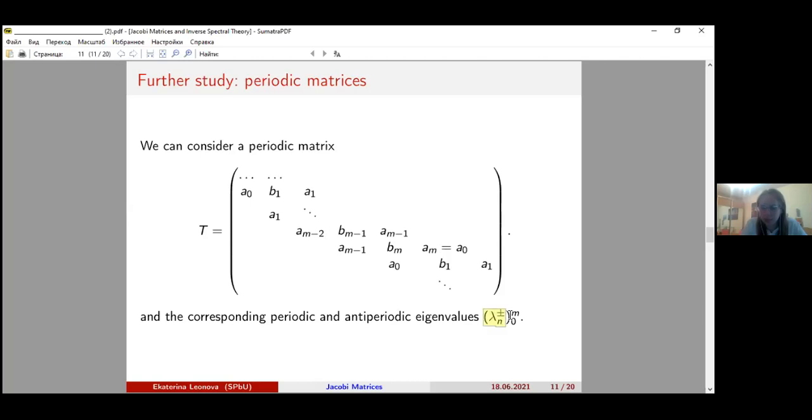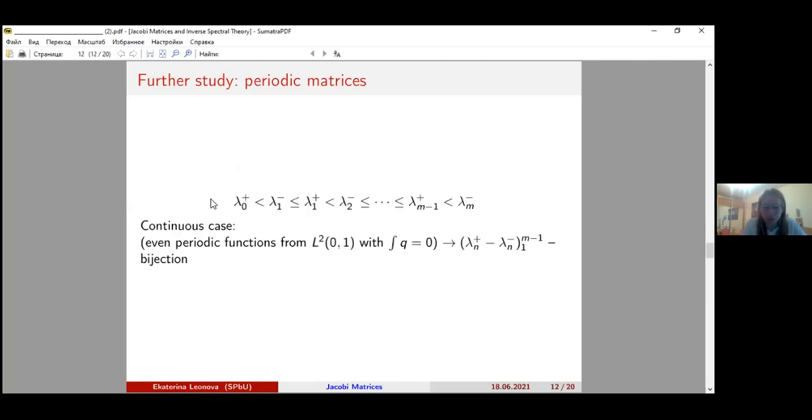They will be denoted as lambda n from 0 to m, but since we will have 2m eigenvalues in total, not 2m plus 2, we have to say that for n from 1 to m minus 1 there will be two eigenvalues, lambda n plus and lambda n minus, and for lambda 0 and lambda m there will be only one of them.